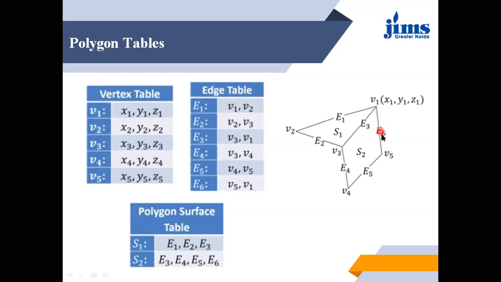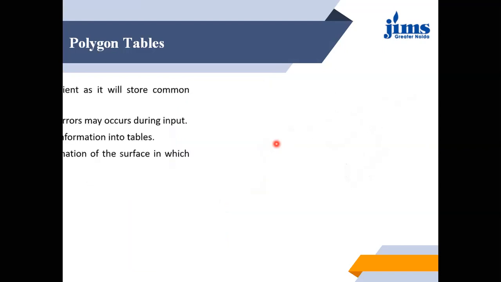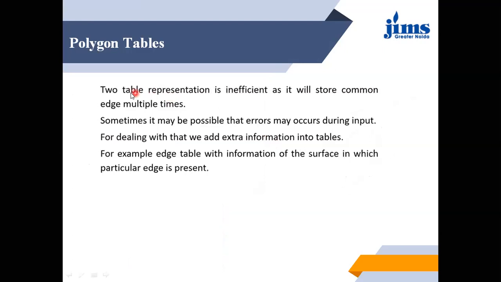If there were 10 edges or more, it would repeat 10 times. So this is the problem, that in an edge representation a vertex is going to repeat or be saved many times. So instead of this, we represent it in this way.